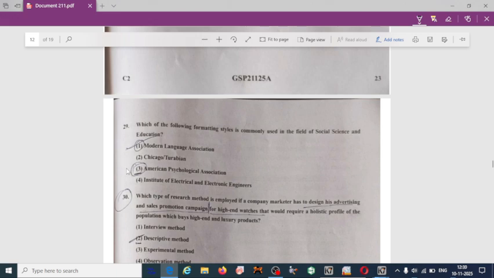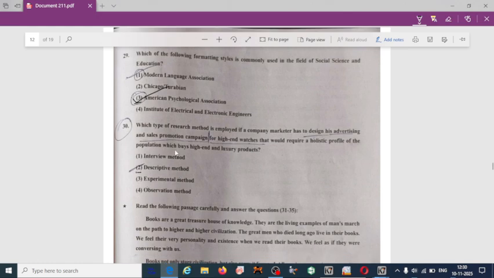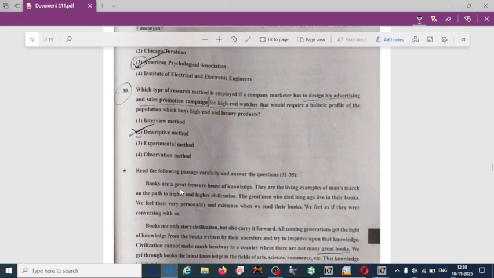American Psychological Association, APA. Option 3 is correct. Which type of research method is employed in a company? A marketer has to design his advertising and sales promotion campaign for high-end watches that would require a holistic profile of the population. So option 2, descriptive method.